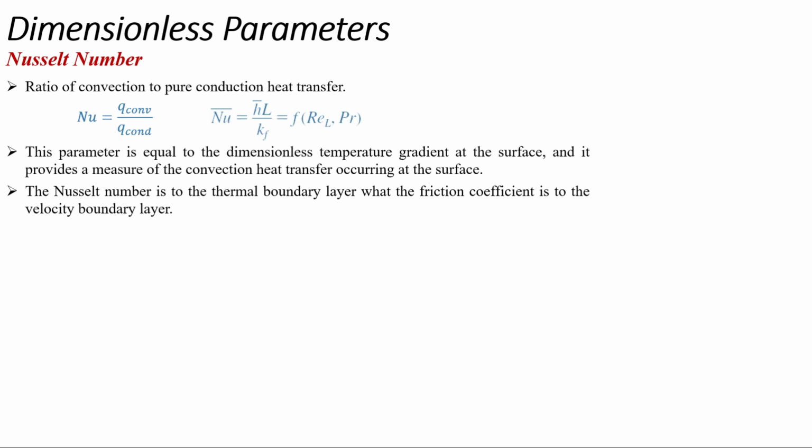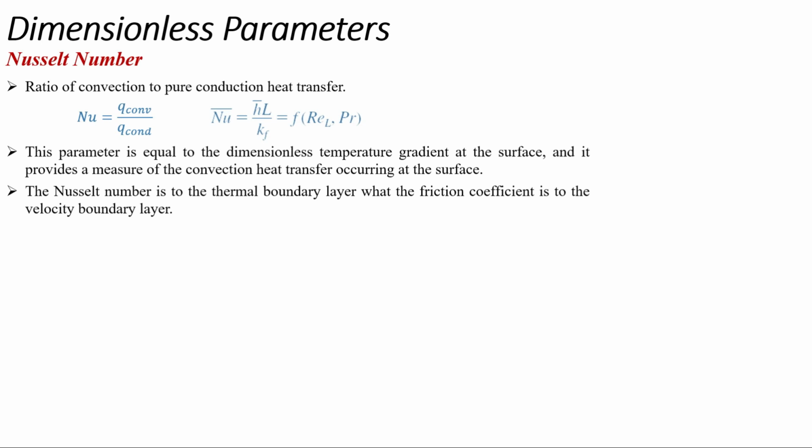So both Nusselt number and Biot number have the same formula, but both have different interpretations. Nusselt number is a ratio of convection to the conduction, and Biot number is a ratio of conductive resistance to the convective resistance.